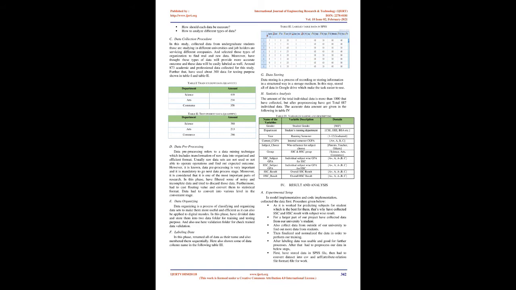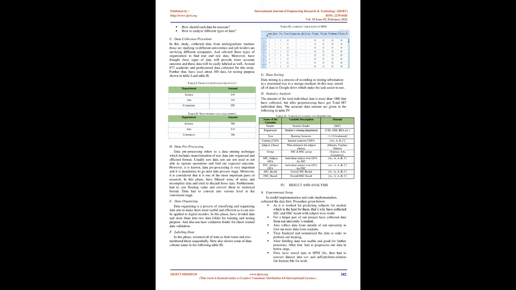Moreover, it is considered one of the most important parts of research. In this phase, we filtered some noisy and incomplete data and tried to discard those data. Furthermore, we had to cast floating values and convert them to statistical format. Data had to be converted into various levels in the convenience stage.